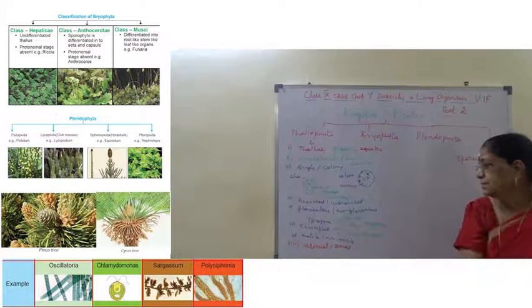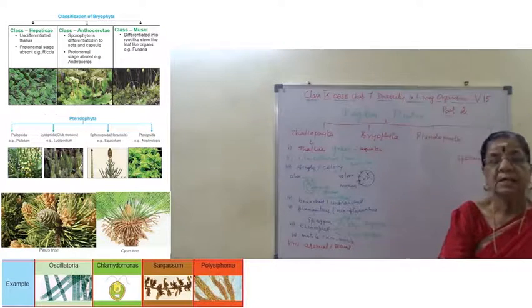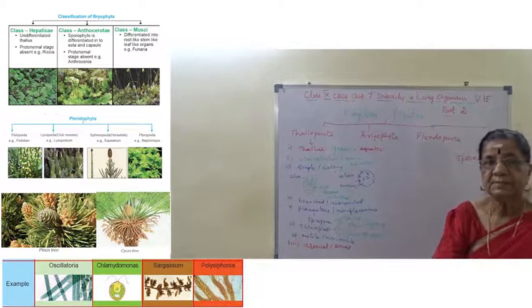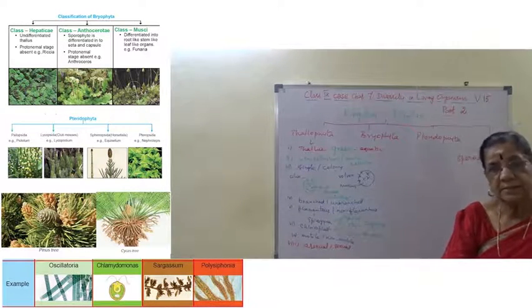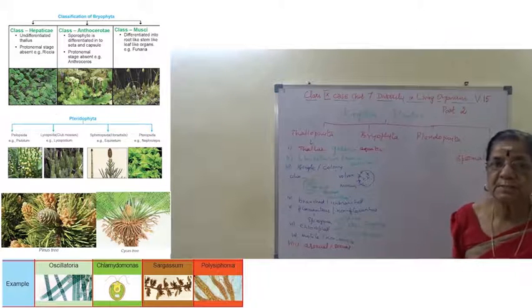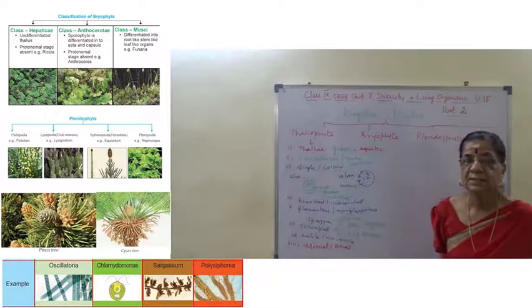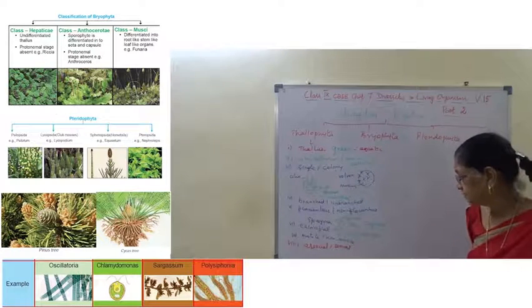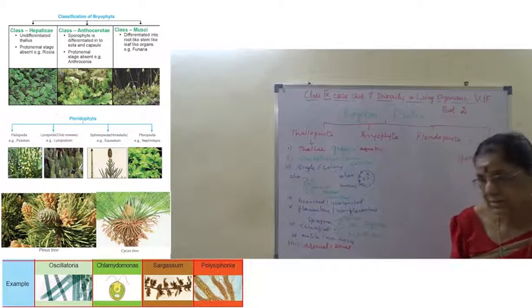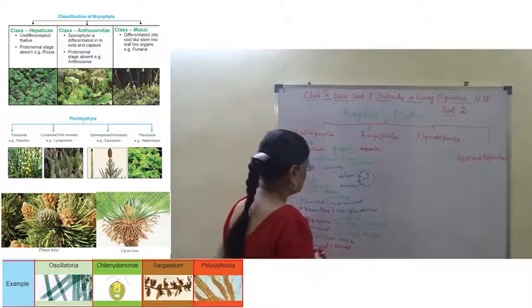And then the presence of chloroplast is a characteristic feature, and the chloroplast forms different sizes and shapes in different algae: spiral-shaped chloroplast in Spirogyra, star-shaped chloroplast in Zygnema, and cup-shaped chloroplast in Chlamydomonas.